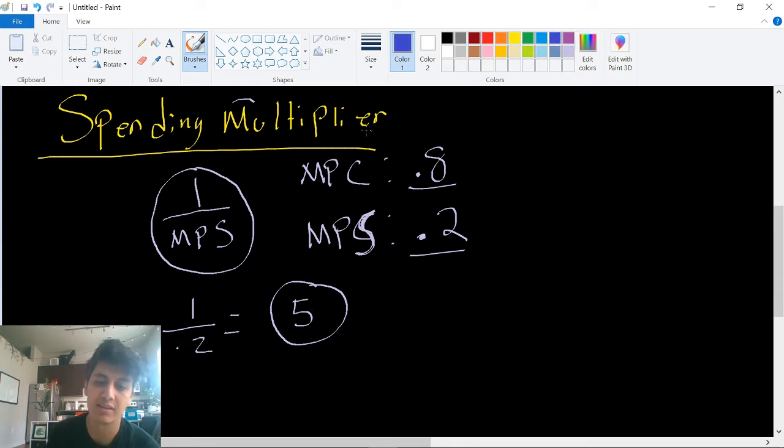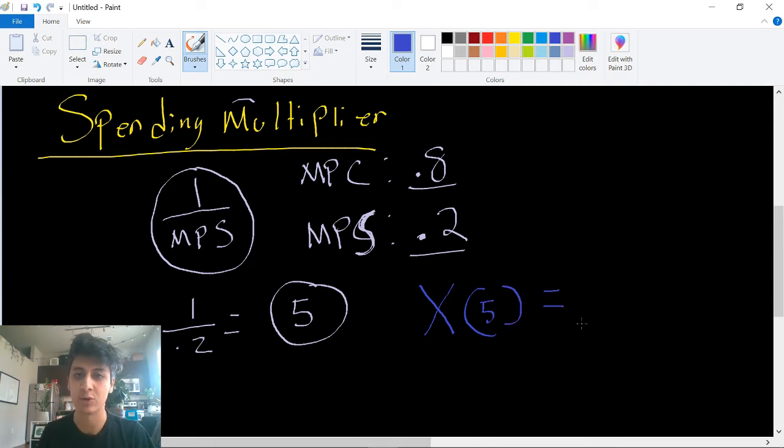It knows that the Canadian economy is going to spend 0.8 of every dollar we give them. So how much do we give them? Let's represent that as a variable, X. How much should the government spend? Well, we know our multiplier. We know we want to multiply that by 5. And we know we want this to ultimately equal that output gap of $40 million.